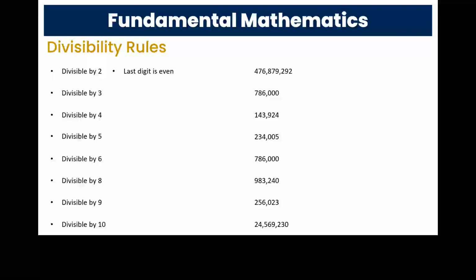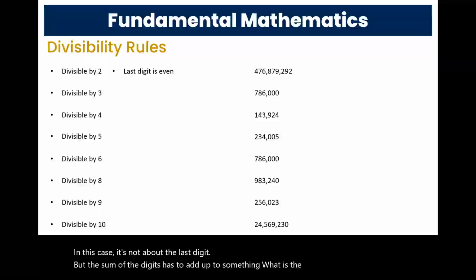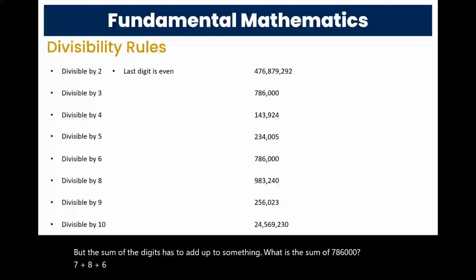In this case, it's not about the last digit, but the sum of the digits has to add up to something. What is the sum of 786,000? 7 plus 8 plus 6 plus 0 plus 0 plus 0.